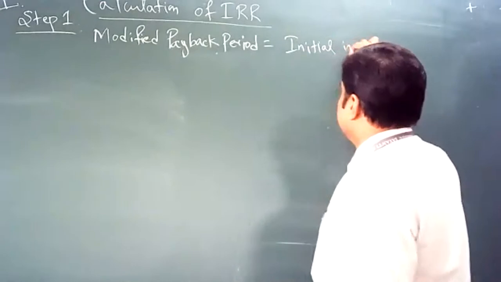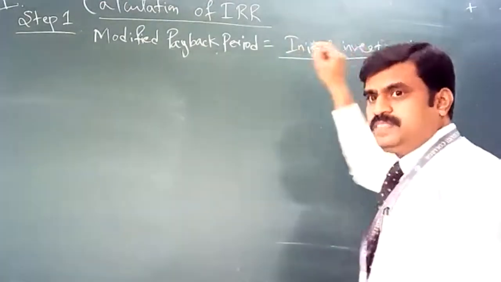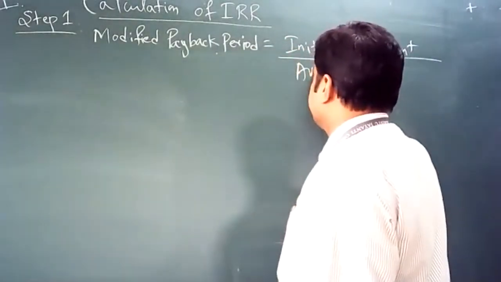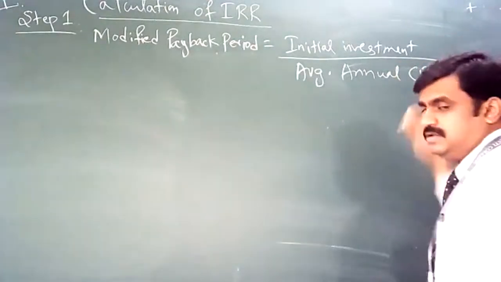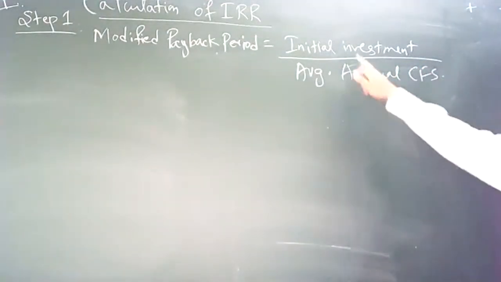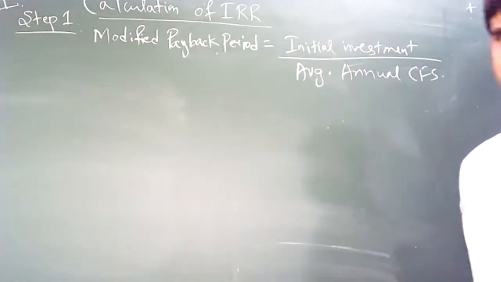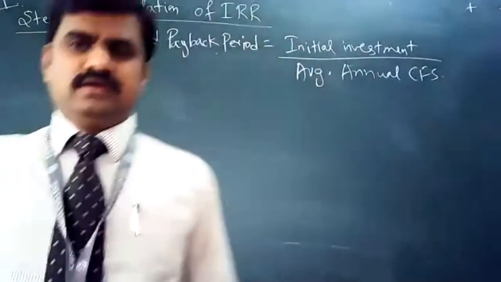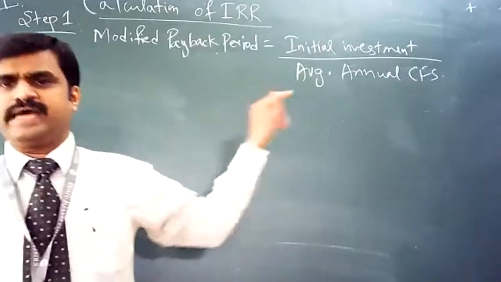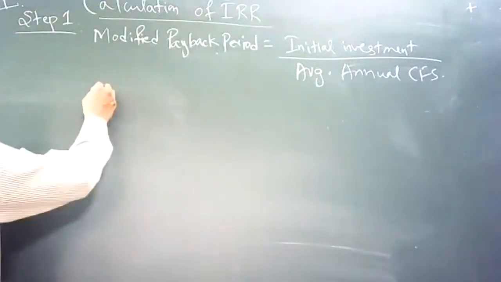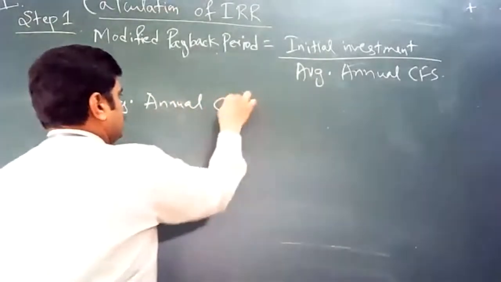Initial investment divided by average annual cash flow. Is it clear, students? Now, initial investment I know, but average annual cash flow I don't know. How do we calculate that?